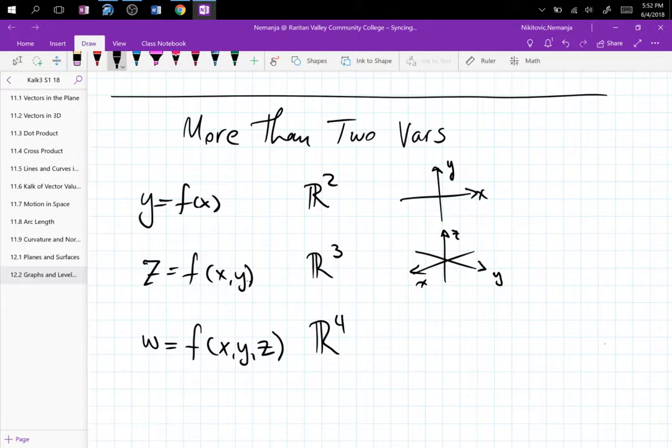How many dimensions do we actually use in formulas? Well, that's determined by the number of variables and parameters that you are observing. Think about weather models. Weather models have a lot of stuff in there. Temperature is just one.